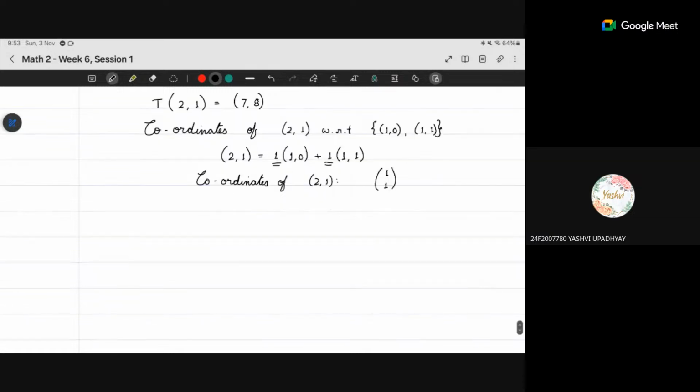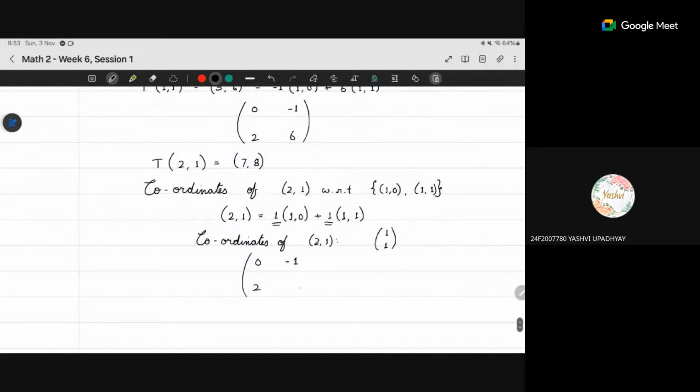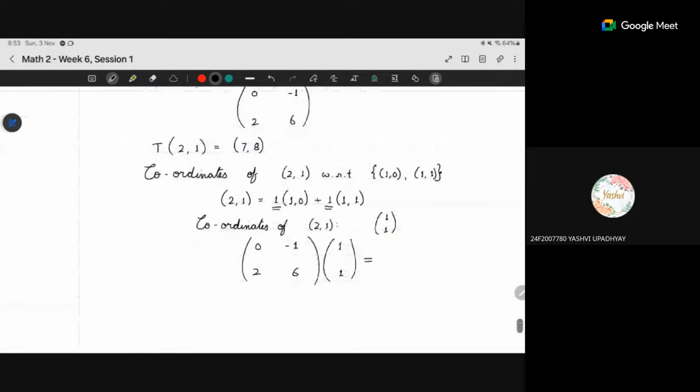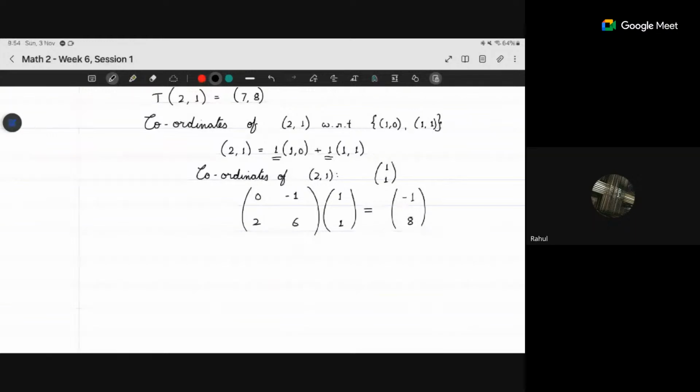Now look at what happens when you multiply the matrix of the transformation with respect to this basis by 1, 1. What is the answer? Minus 1, 8. Right. But what is minus 1, 8? So what is the vector which has coordinates minus 1, 8?